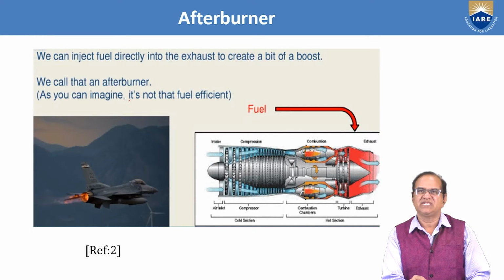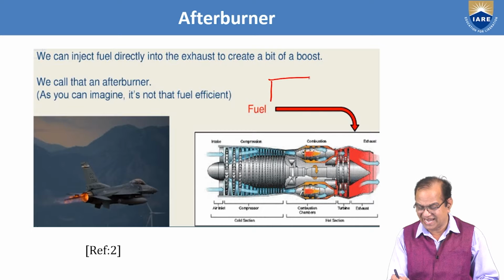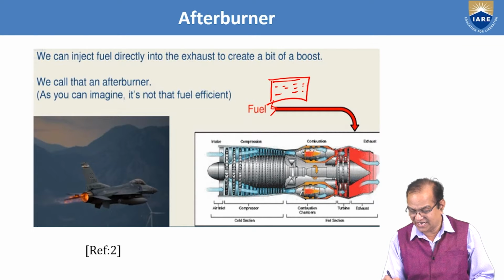As you can imagine, it is not that fuel efficient, and we need a special fuel tank, and this is not the normal fuel, some special methanol or something. These fuels are injected after the turbine before the exhaust nozzle. So additional thrust is produced.